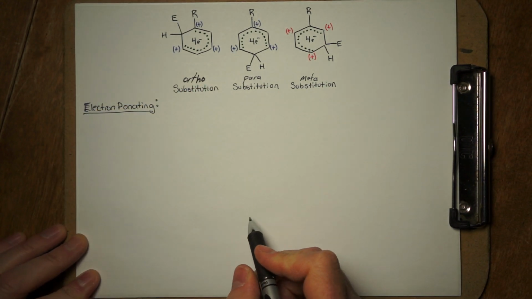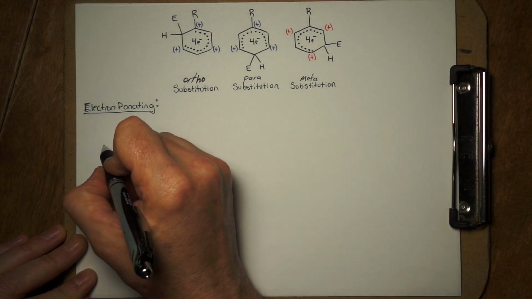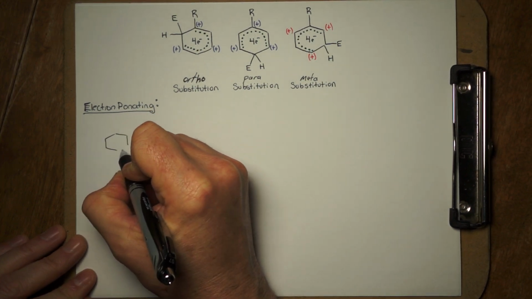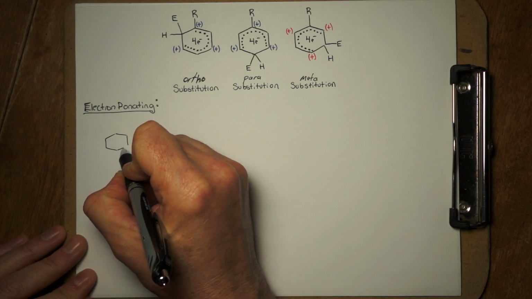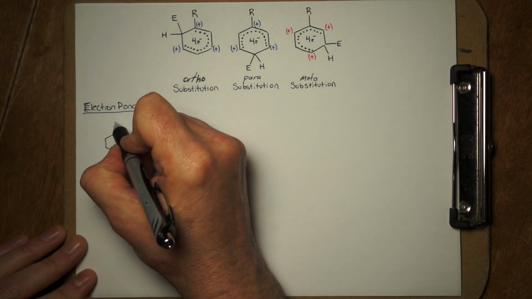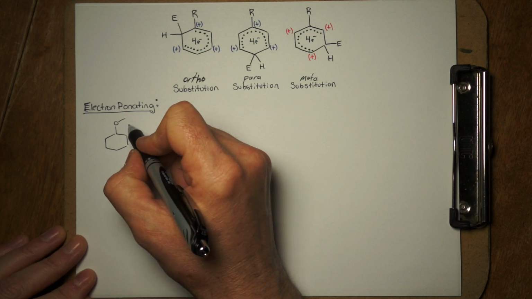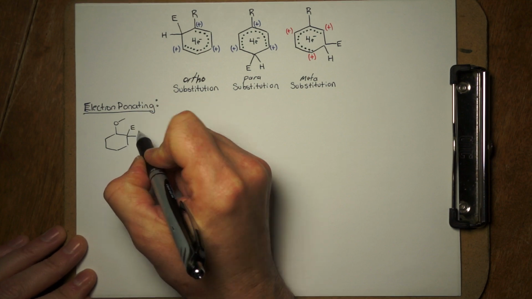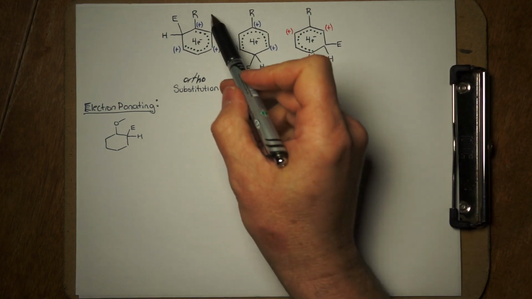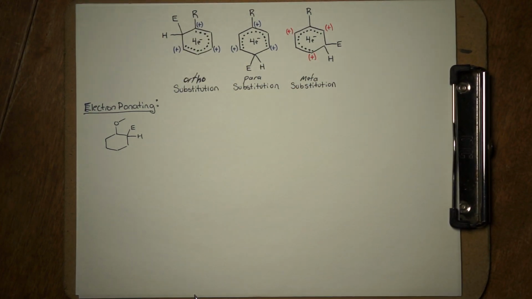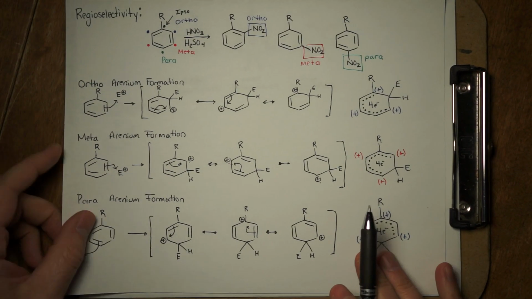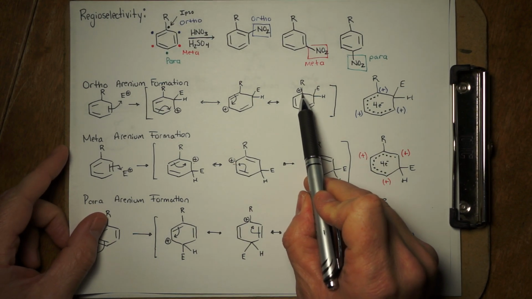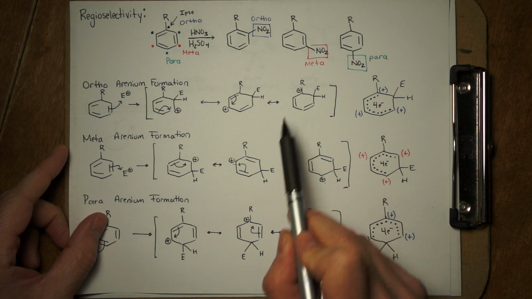All right, so an electron donating group. And kind of a go-to electron donating group is a methoxy group. So we're going to use the arenium ion generated from the ortho substitution of anisole. And we're not going to investigate this structure, but we're really going to be looking at this resonance structure where the positive charge sits on the ipso carbon.